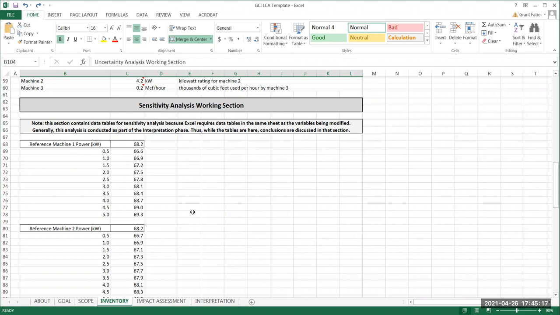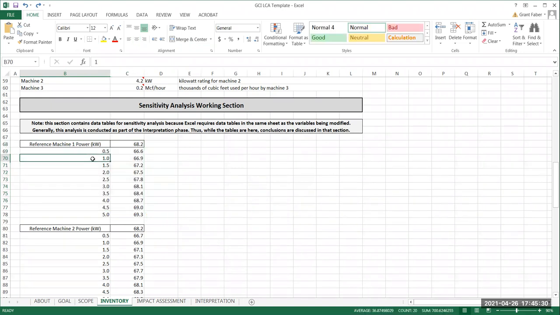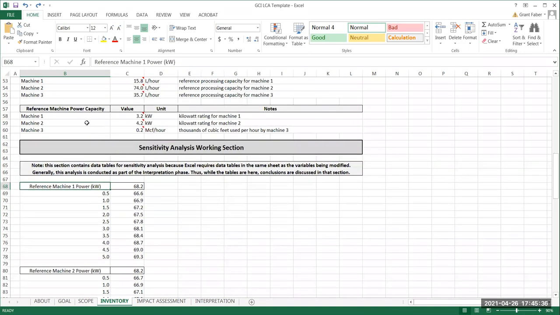The reason this analysis is on this worksheet is that Excel requires that data tables, which are the tool being used here for the assessment, are in the same worksheet as the input data. So here, reference machine 1 power, you see that that's in this cell here, C58. And because this sensitivity analysis in particular is varying that, this data table needs to be located here.